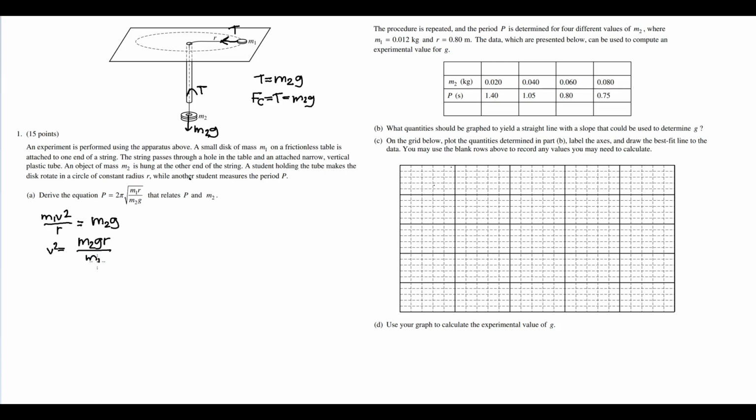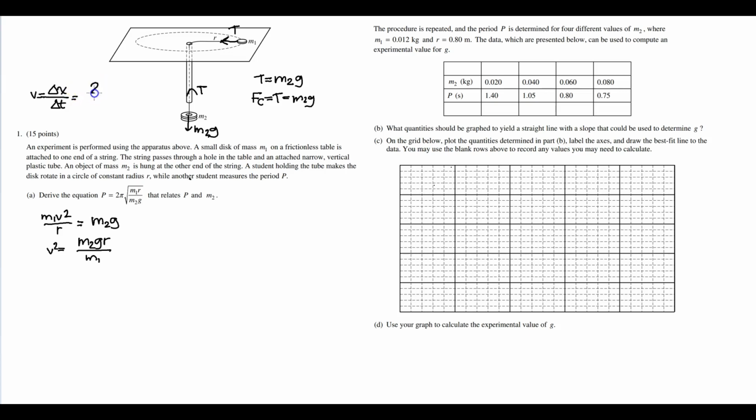Okay, but we're not asking for V. We're asking for P. But V is equal to delta X over delta T, right? That's basically the definition of velocity. So if P is the time it takes for one complete revolution, because P is a period, that means in this time P, it should go all the way around once.